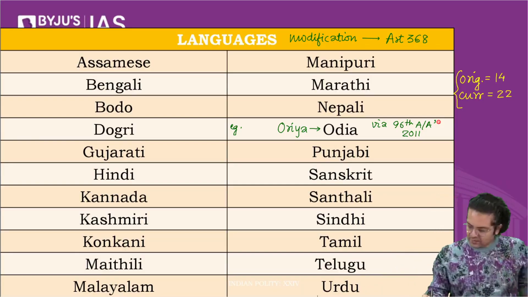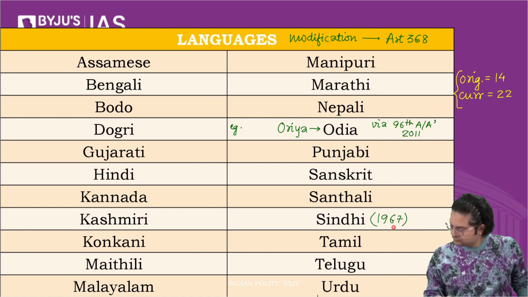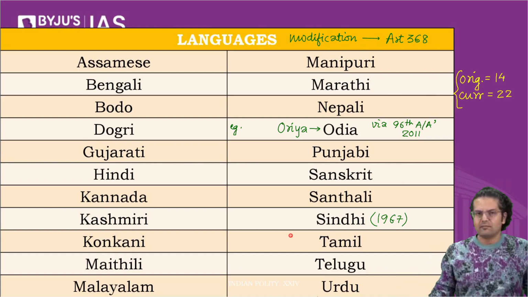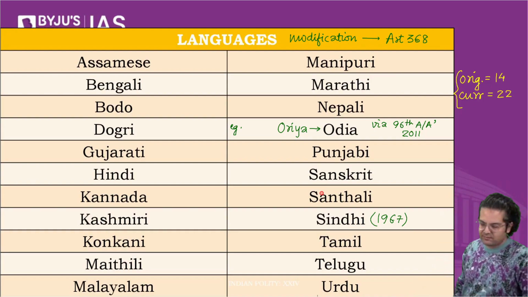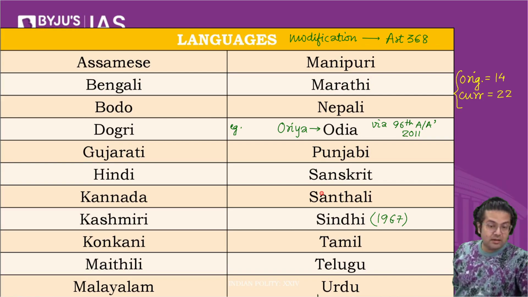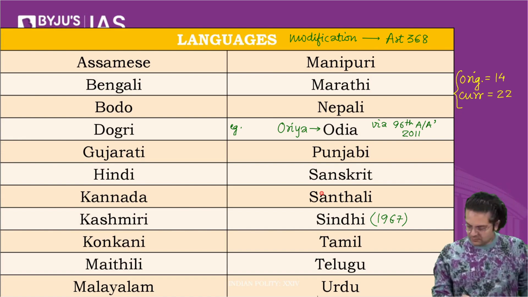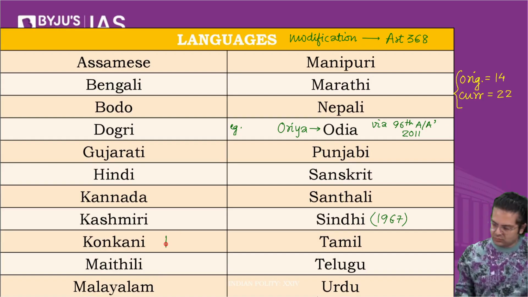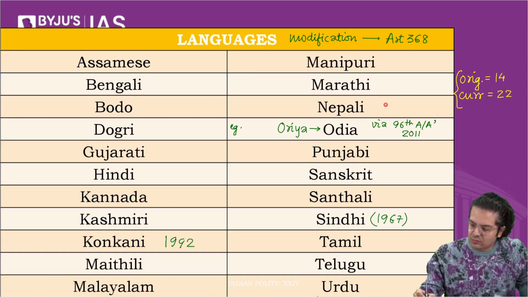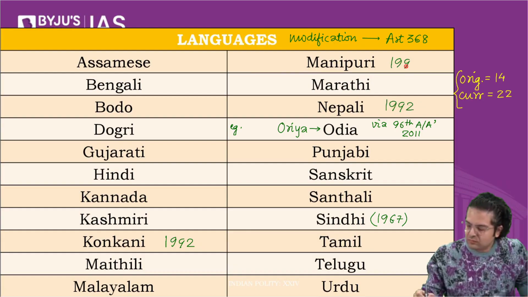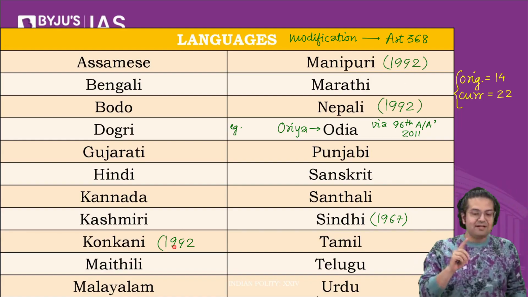So there have been various additions, like Sindhi was added in 1967 through the 21st Amendment Act. 368 special majority. Then Nepali, Konkani, Manipuri, in 1992, through the 71st Amendment Act.